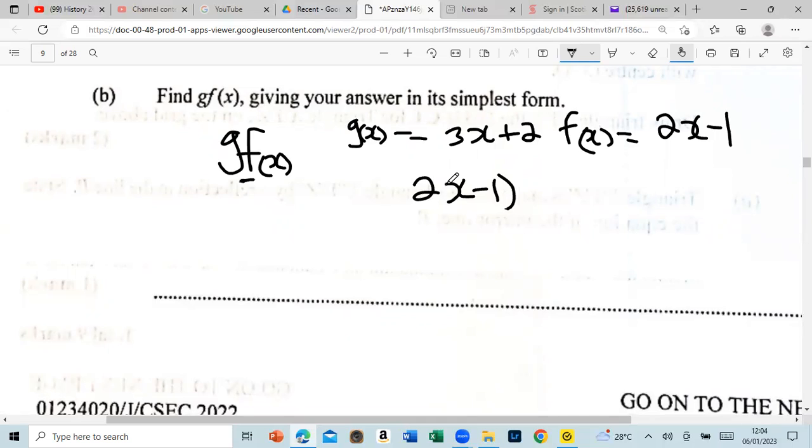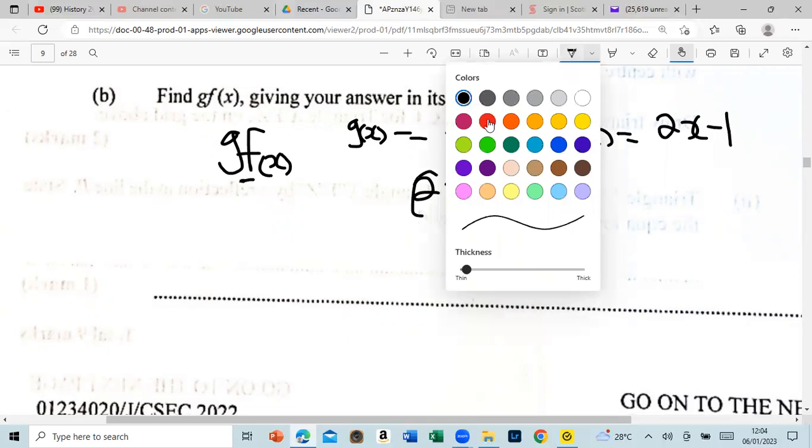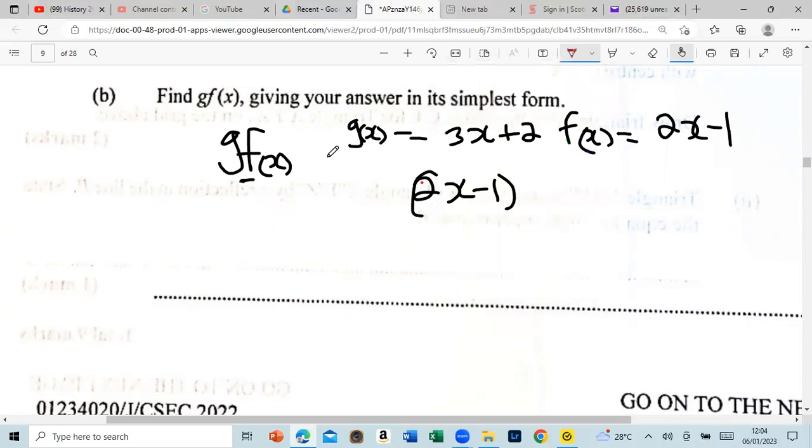That is going to become our x in g. So we're going to write back g. G is 3x plus 2, so this is 3 times our x, plus 2. Now we're just going to expand the bracket, and that's it.